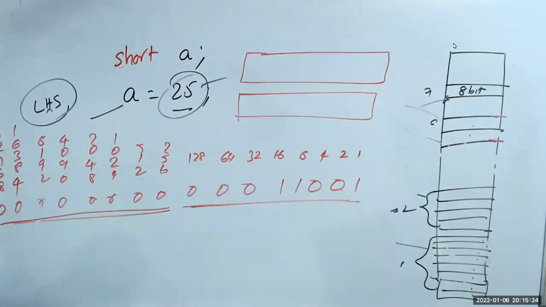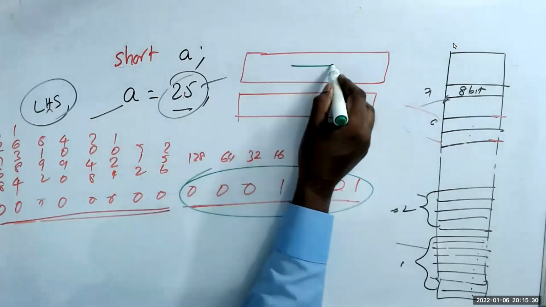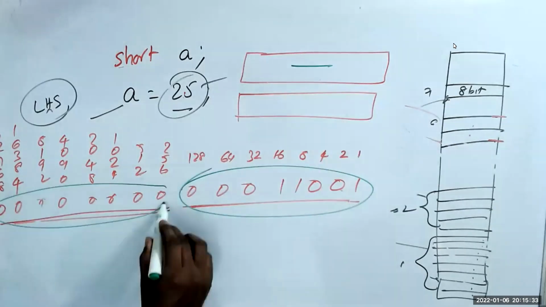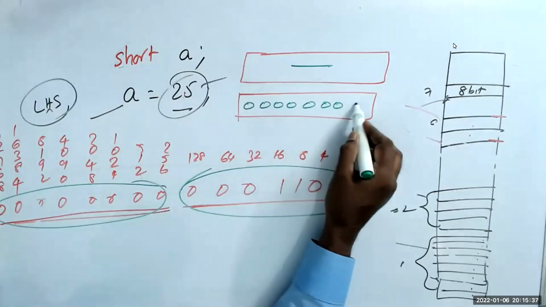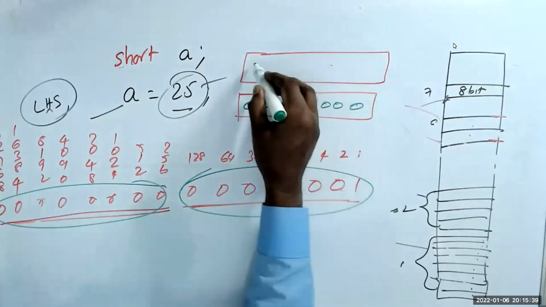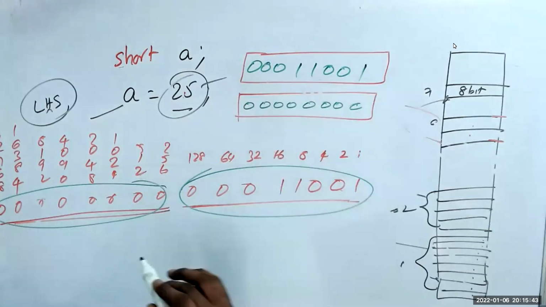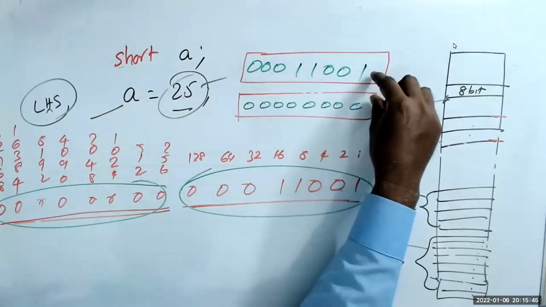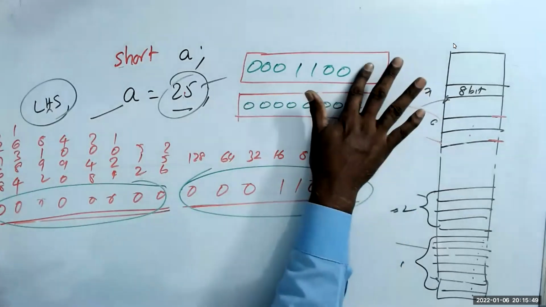Now, how do I write? Whether I write this 8-bit on the top, this 8-bit at the bottom, all 0, 0, 0 in the bottom, and all these things here. Okay, I got 2 lines, 16-bit. But I can also write like this.